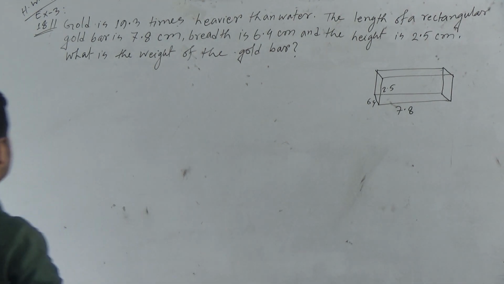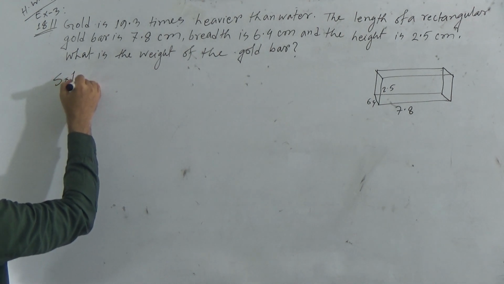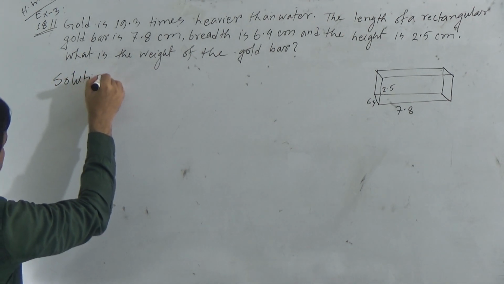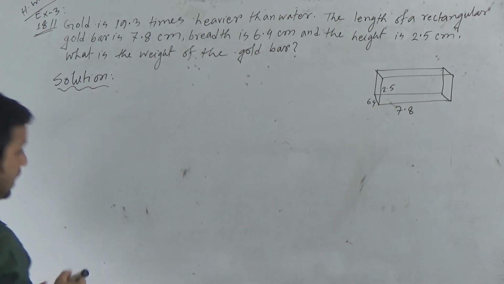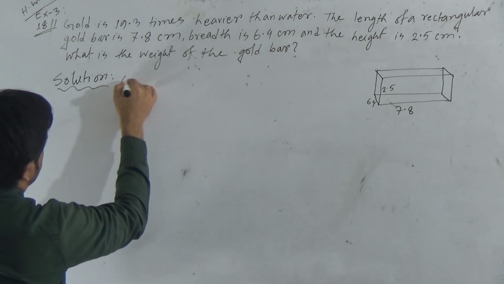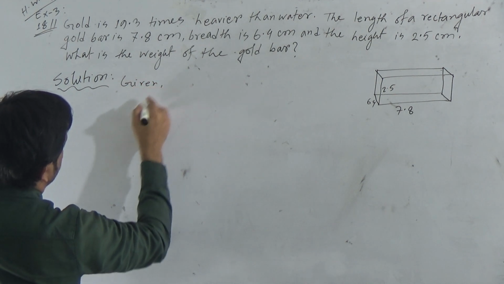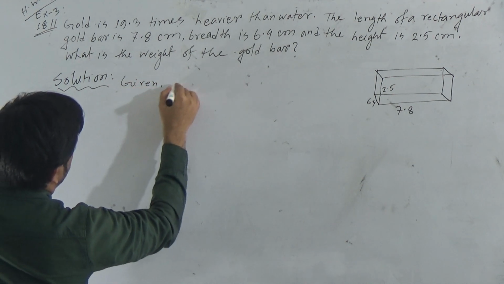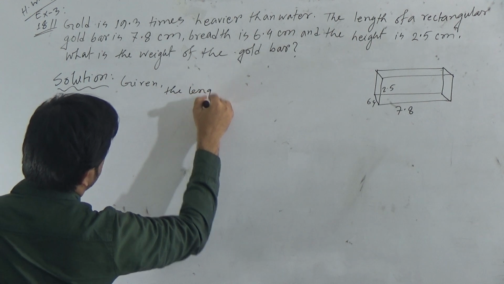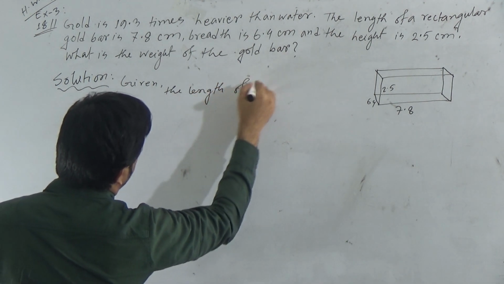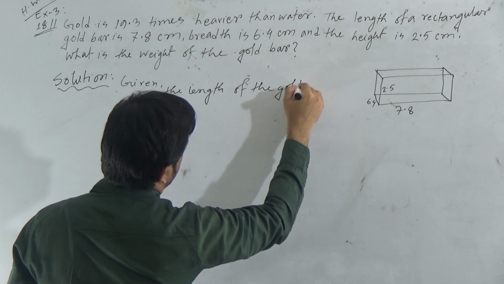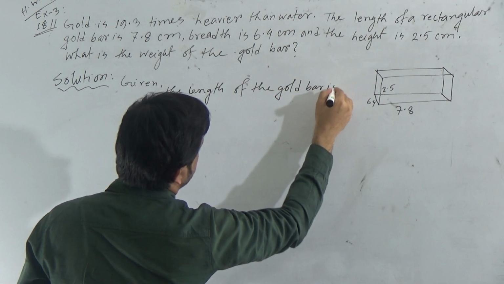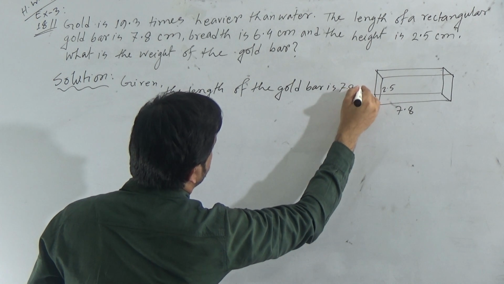So let us start the solution. Dear students, here given the length of the gold bar is 7.8 centimeter.